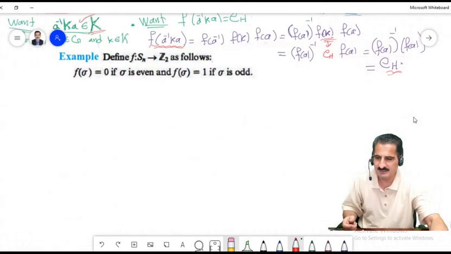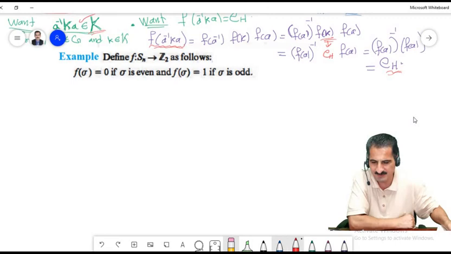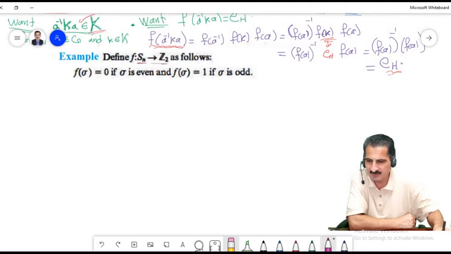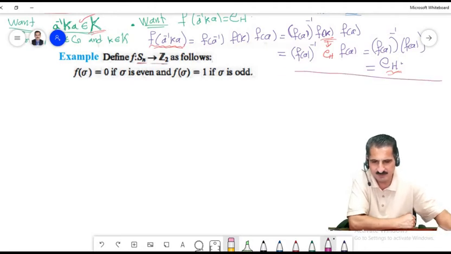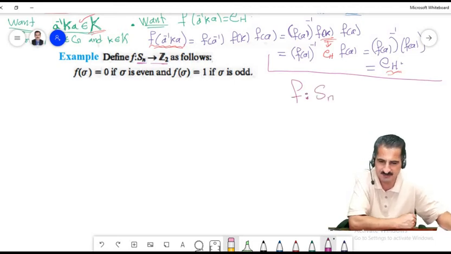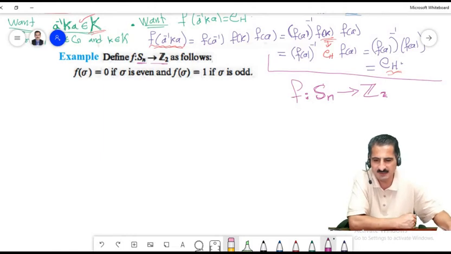Now, this example says take a map from Sn to Z2. What does this map do? Let me write it here. It takes from Sn, the symmetric group of permutations, and goes to Z2. Look, in here you have a lot of elements, n factorial elements, but in here you have only two elements. And what does this f do?